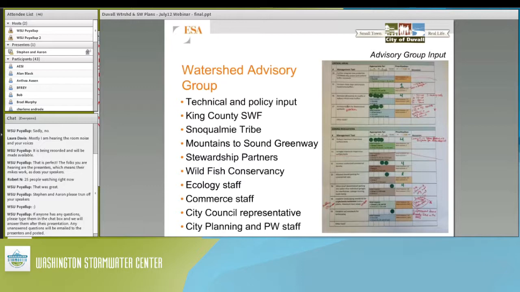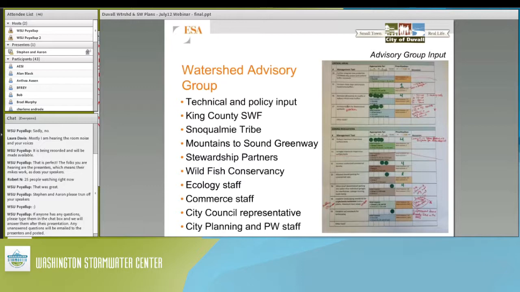The Snoqualmie Tribe was another partner through the project, sitting on the advisory group, and several other very active nonprofit groups within the Snoqualmie watershed, focused on a variety of different perspectives: protection of habitat corridors, protection of surface water runoff, ensuring that streams are maintained as development occurs, and also thinking about specific sensitive areas or critical areas and the impacts of adjacent development.